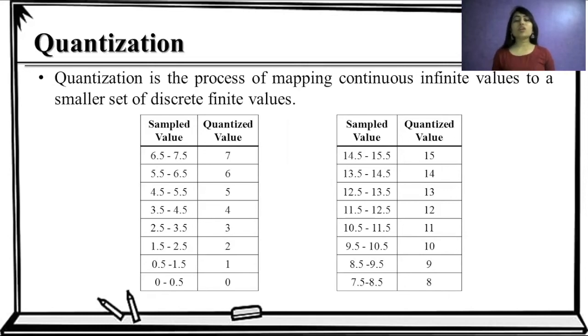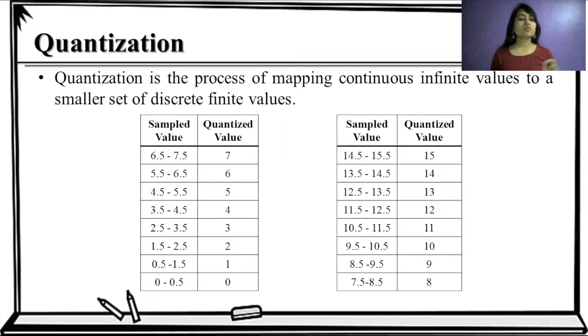So we make horizontal parts for this purpose. We can make 16 parts or 8 parts according to our requirement. We generally make the number of parts a power of 2. So here we convert the sampled value into a nearby quantized value.